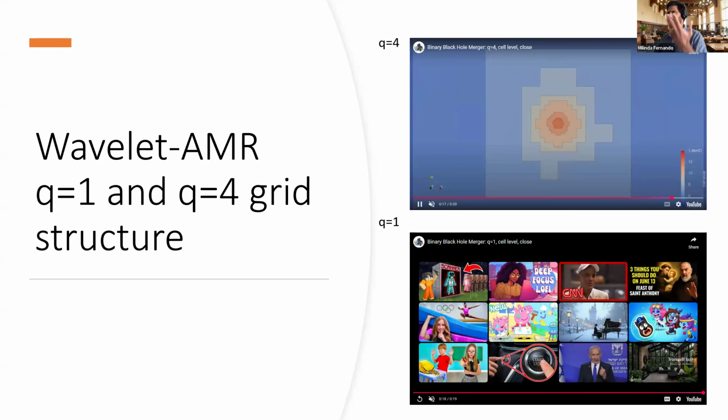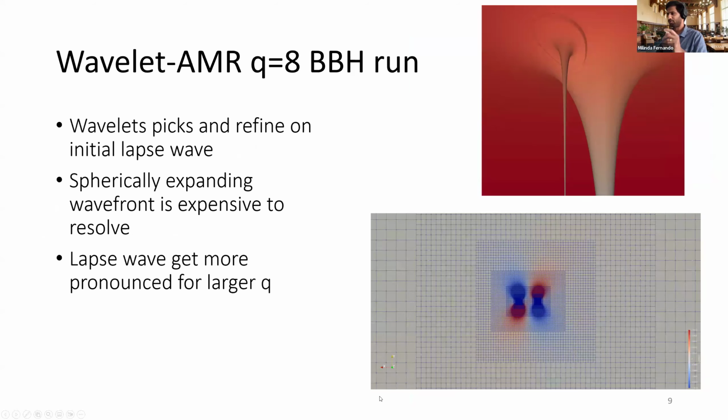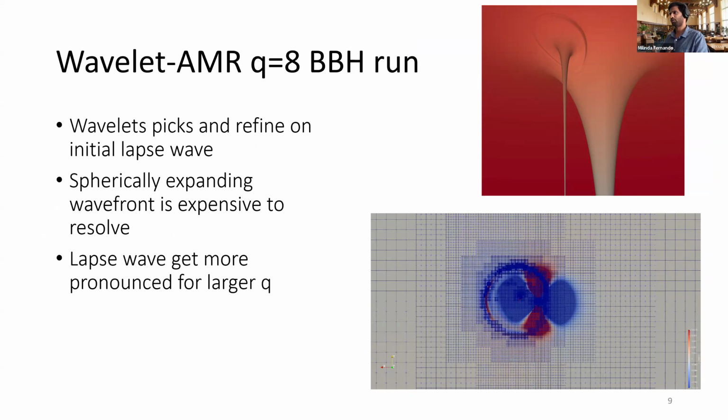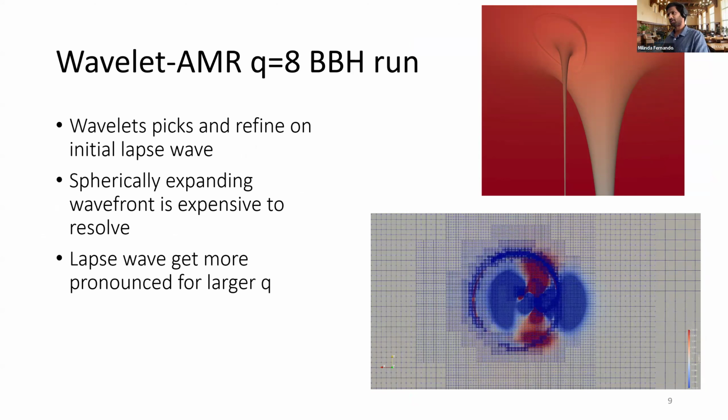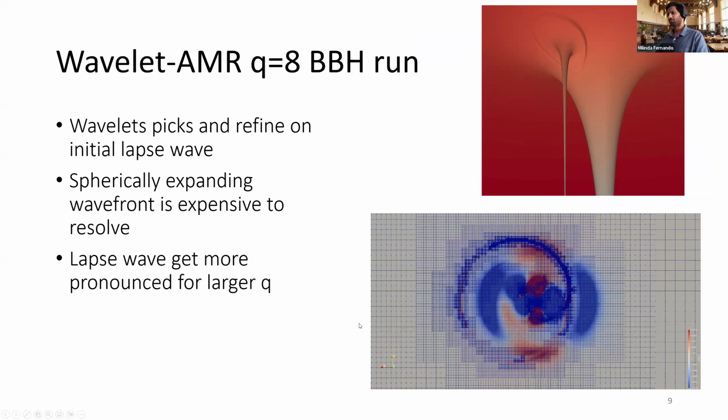Everything looks good for the Q equals 1 and Q equals 4 cases, but we found that this wavelet refinement was not performing well when we go to even larger mass ratio simulations. This is an example of a Q equals 8 binary merger.